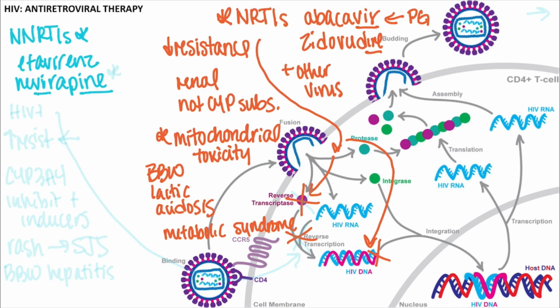And instead of acting as competitive inhibitors of HIV reverse transcriptase, they actually bind to a hydrophobic pocket at a distant site on the HIV reverse transcriptase to induce a conformational change, significantly reducing the enzyme's activity and leading to non-competitive inhibition.